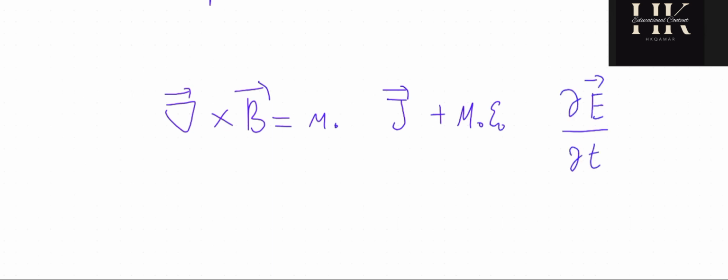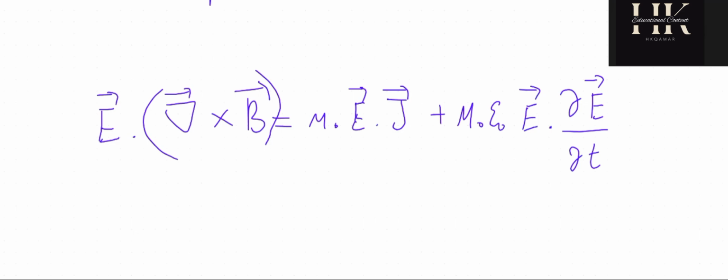Now we take its dot product with E. This becomes E dot del cross B equals mu naught E dot J plus mu naught epsilon naught E dot ∂E/∂t. This is our third step.